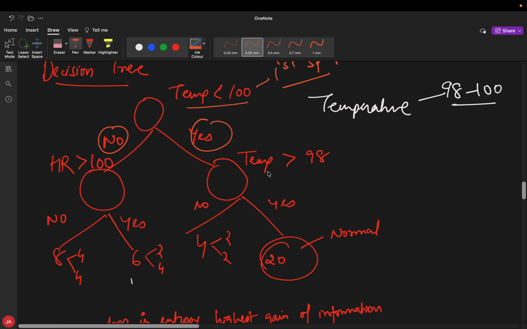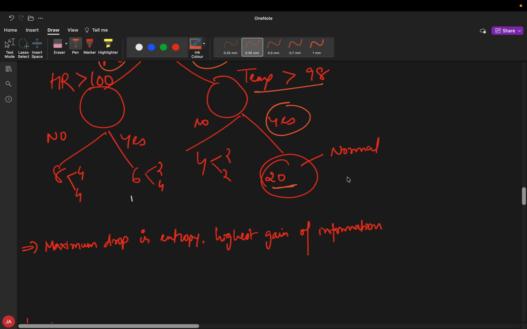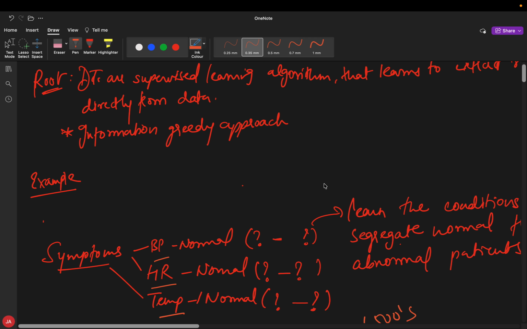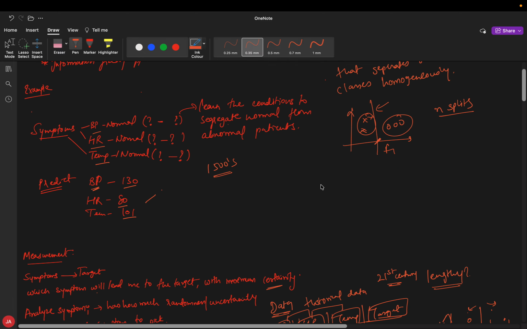If yes, then we check if the temperature is greater than 98. If it's again a yes, then we have 20 samples belonging to the normal class, which is class 1 or class 0, I don't remember which class I took for normal.